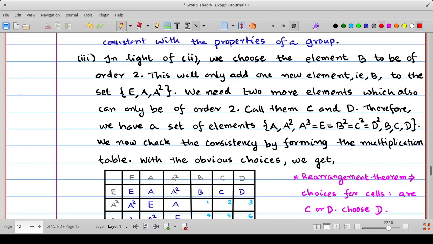And also we have already considered a group generated by an element of order 6. So we will now assume that the element of the group that we are going to consider is of order 2. The elements that A generates are A and A square, which will be equal to E.